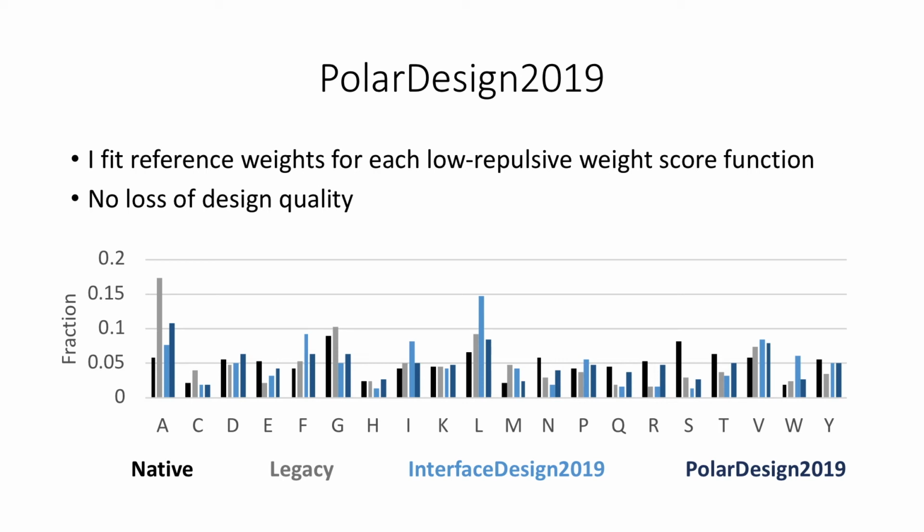And I'm showing how it improves each amino acid distribution. So for each amino acid, I show in black how frequently it's seen in nature, so native. For this chart, these are all protein-protein interfaces. And in gray for each cluster is what the old fast design, the legacy fast design, used to give us.